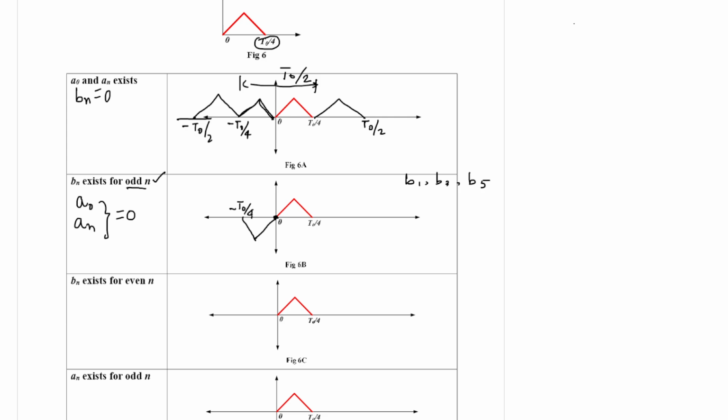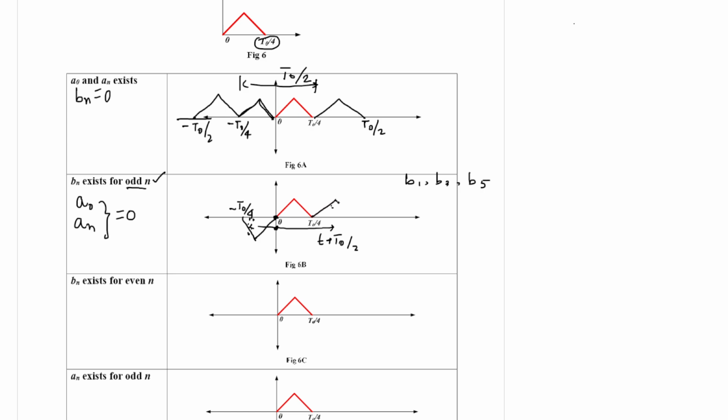Now half wave odd symmetric means if you consider any time, that means this time, and if you consider t plus t0 by 2, then odd means it will produce a negative value. So at this time it is giving the negative value, so at this time it must be giving a positive value.